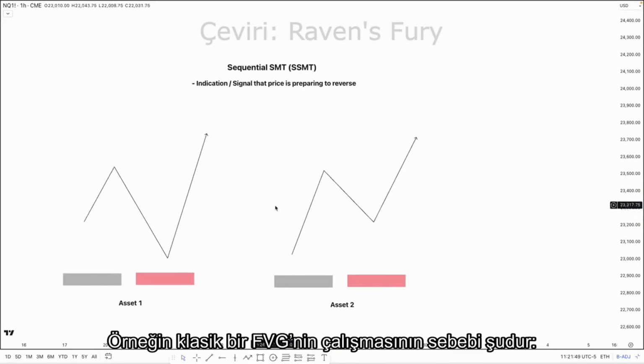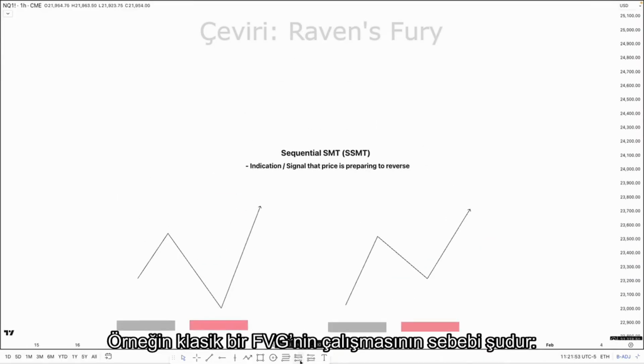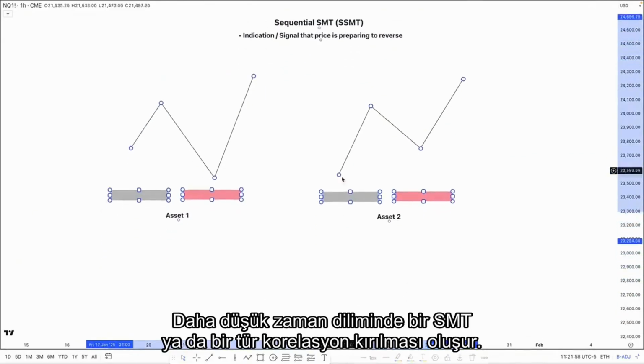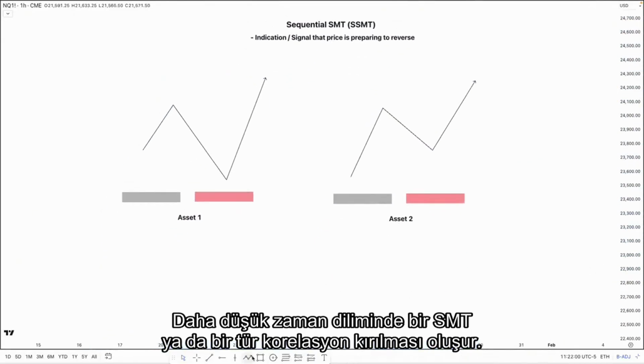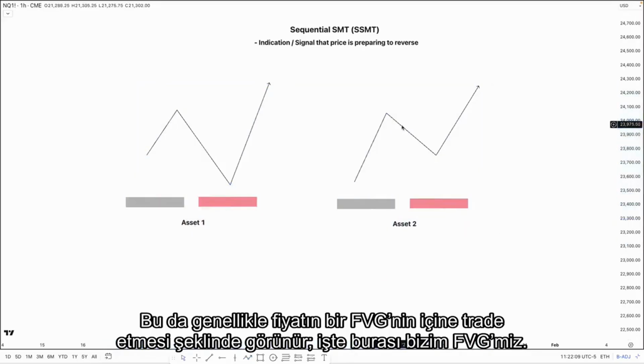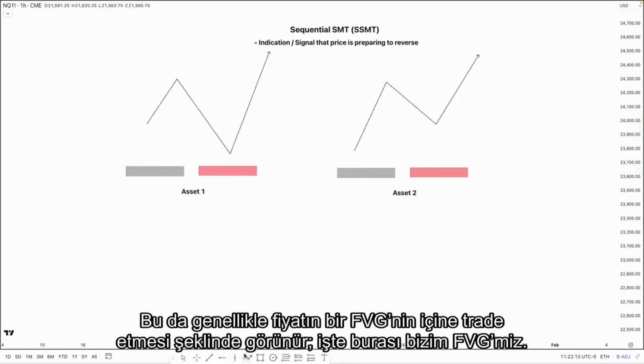The reason that your classic fair value gap, for example, works is because on the lower time frame there would be an SMT or some sort of cracking correlation. So what that may look like is this, where we have price trading into a fair value gap. Okay, this is our fair value gap.